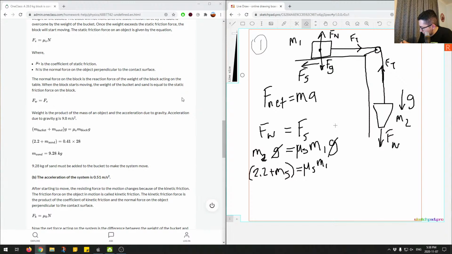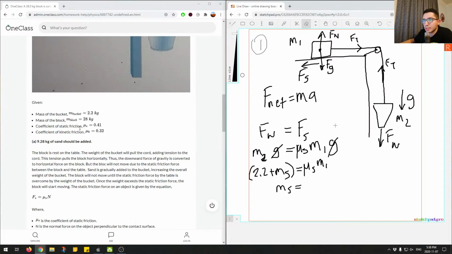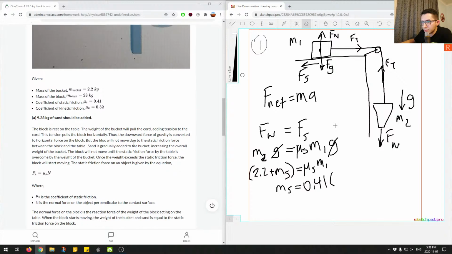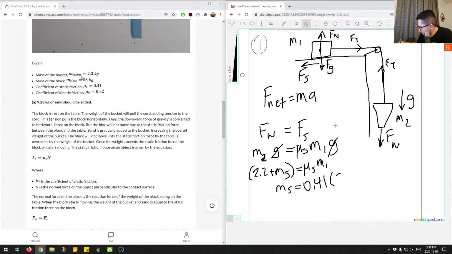So we can say the MS is equal to, what was the value? Coefficient of static friction is 0.41, times M1, which I believe is 28, and then subtract 2.2. So we just moved the 2.2 from this side to this side.